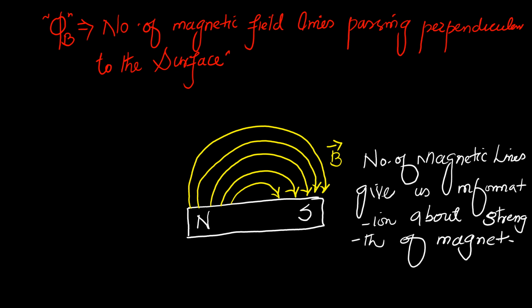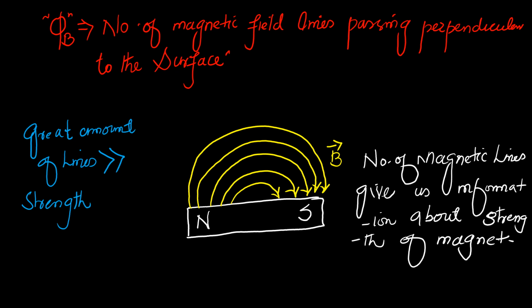If a magnet has a greater amount of magnetic field lines, then the magnetic strength of such a magnet will be more. And a magnet with a lesser amount of magnetic field lines will have less strength.